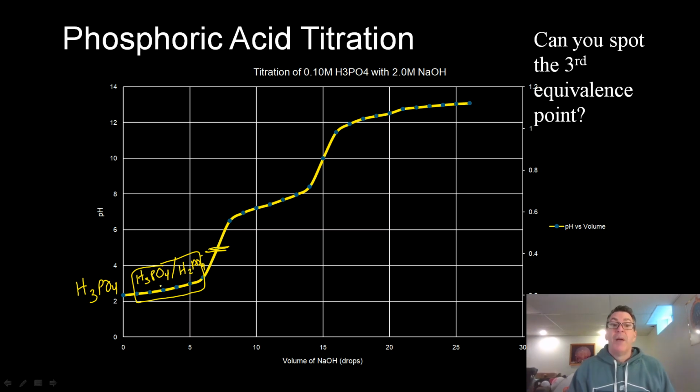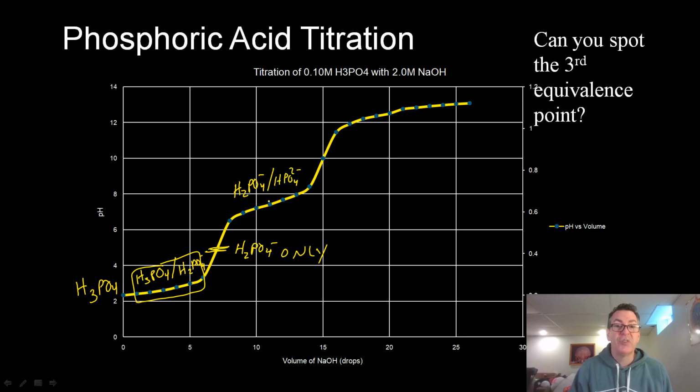So I had this buffer solution. But when you run out of H3PO4, that's when there's a big change in the pH. And that's what happens right here at that first equivalence point, where all you have is that H2PO4- only substance. Then we go into a second buffer. As we continue to add more sodium hydroxide, we get a second buffer system, H2PO4- and HPO4 2-.